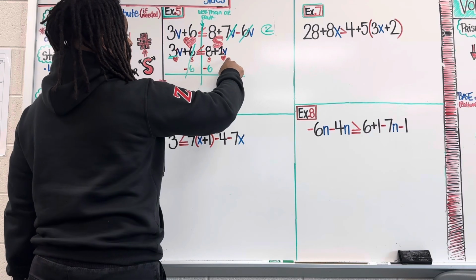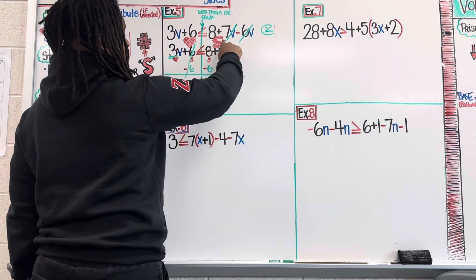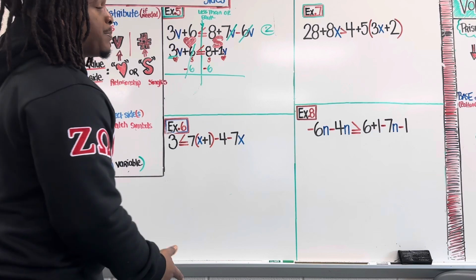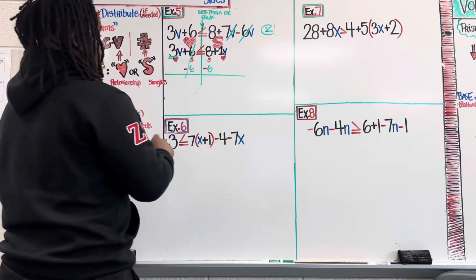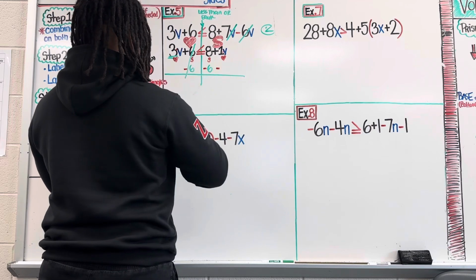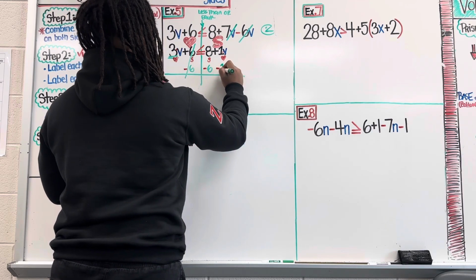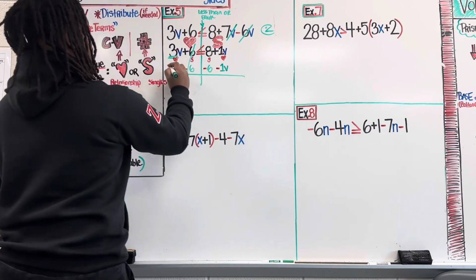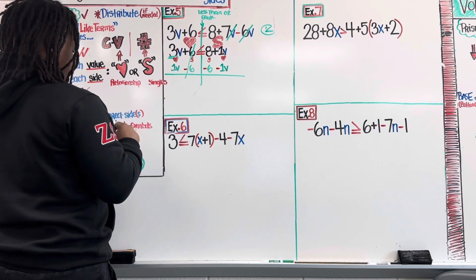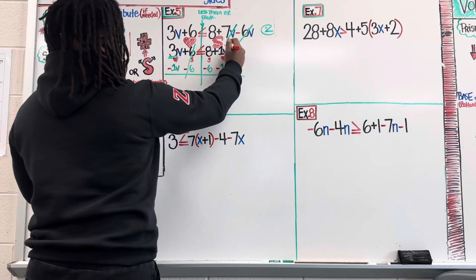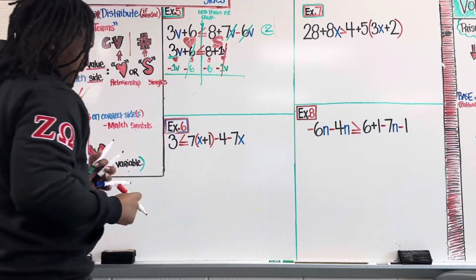But 1 times V is in a relationship, but it's on the single side. The opposite of saying positive 1V, or plus 1V, is minus 1V. Okay, minus 1V. And I have to subtract that from 3V on the opposite side, right? 1V minus 1V cancels out.